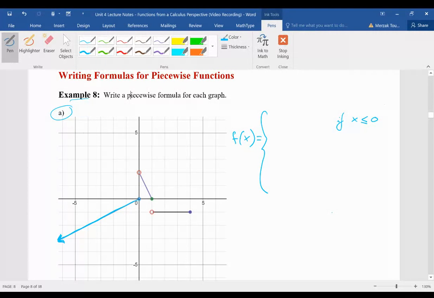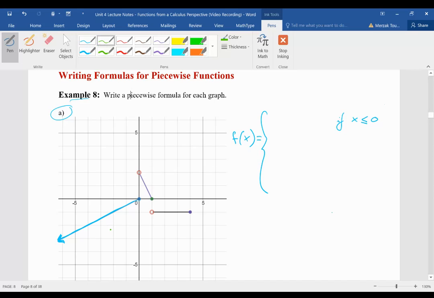If x is smaller than or equal to 0, then what is the equation of this ray or line? Well, the line goes from negative infinity, so it's linear. It's a ray. So what do we need to write an equation of a line? We need the slope and we need the y-intercept if we want to write it in slope-intercept form.